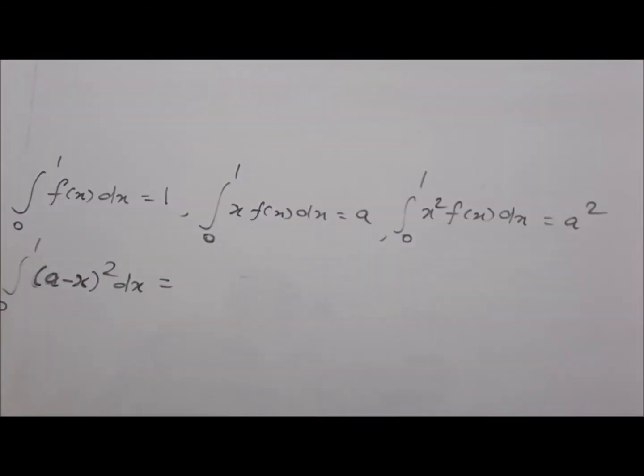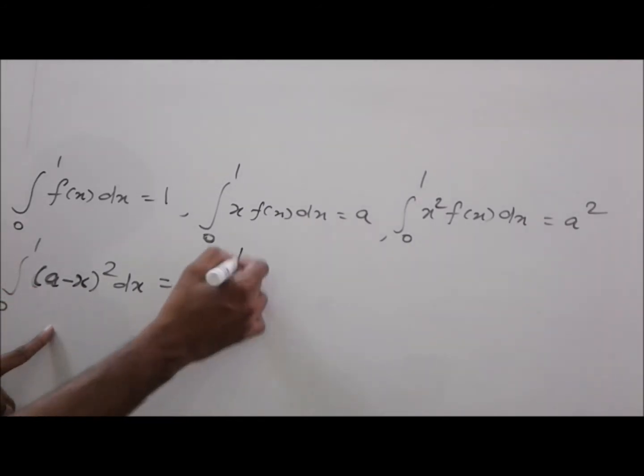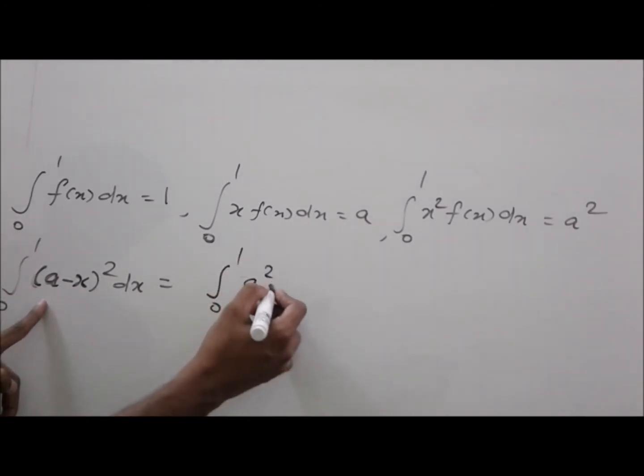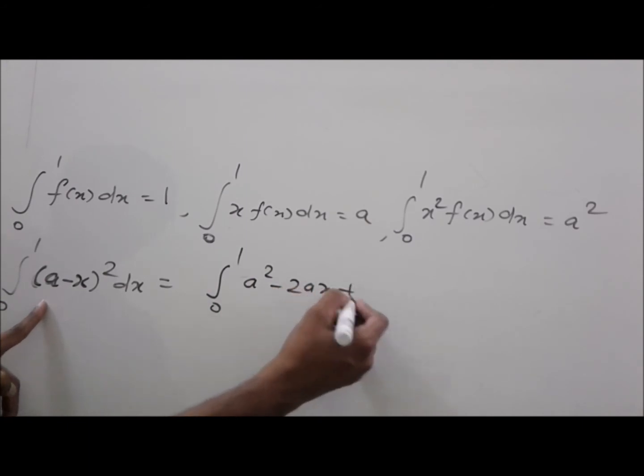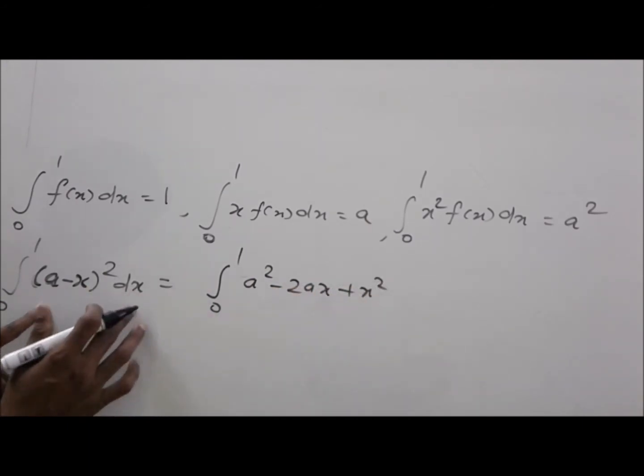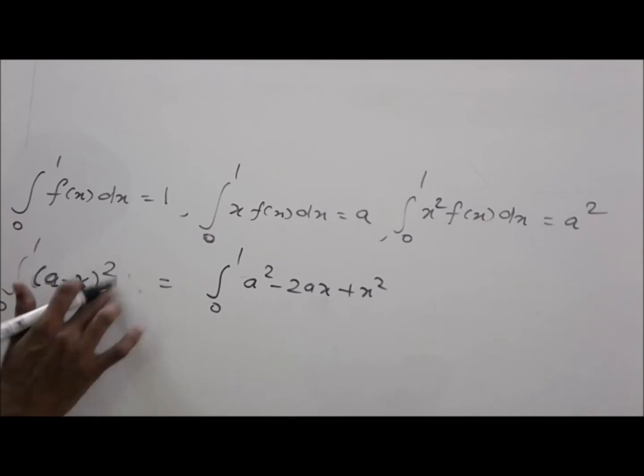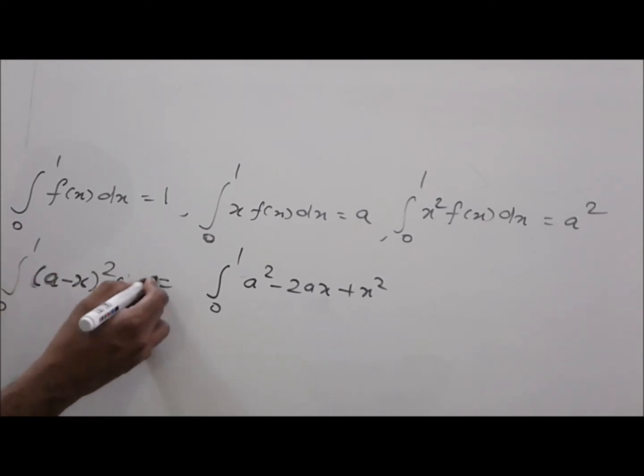We can, by expanding, integral 0 to 1 a square minus 2ax plus x square into f of x dx.